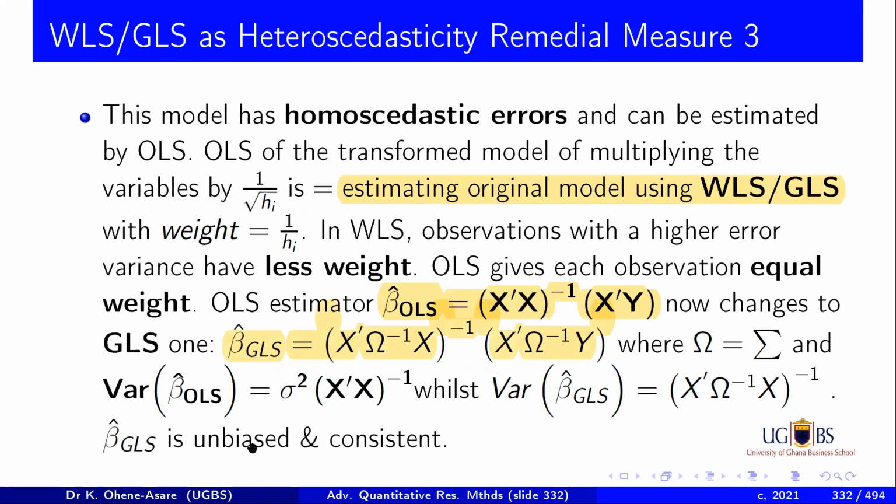And the GLS will become unbiased as well as consistent. So in short, if you ever want to correct heteroscedasticity, you can estimate the original model with a GLS. That's the point, with a GLS, which we will do. And once you do that, you're likely to correct the situation. Guys, you are going to see some incredible things when you do that.